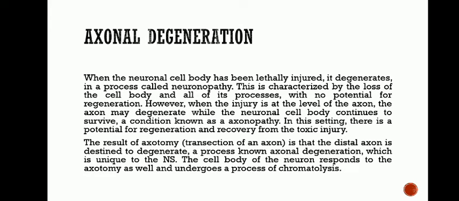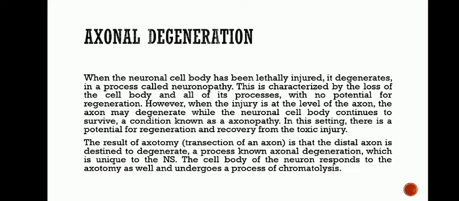Axonal degeneration. When the neuronal cell body has been lethally injured, it degenerates in a process called neuronopathy. This is characterized by the loss of the cell body and all of its processes with no potential for regeneration.